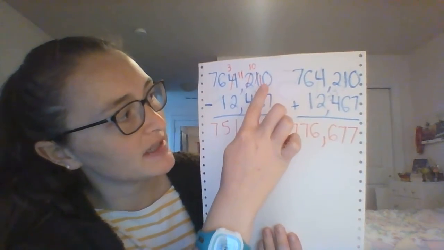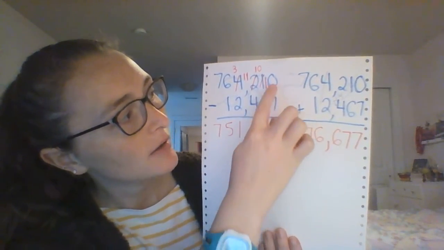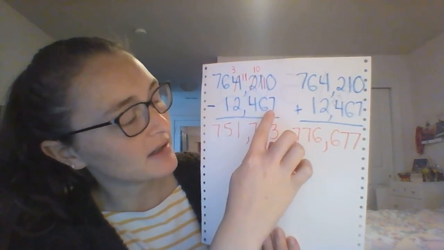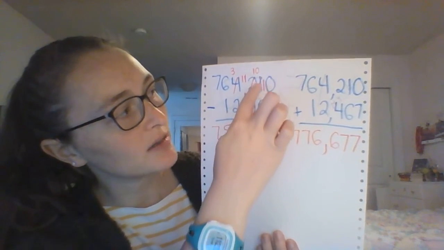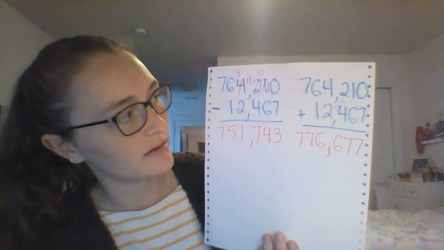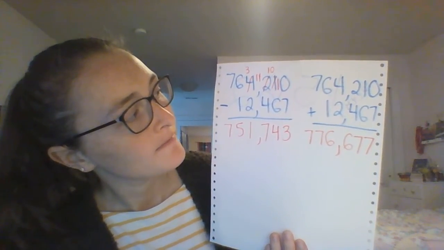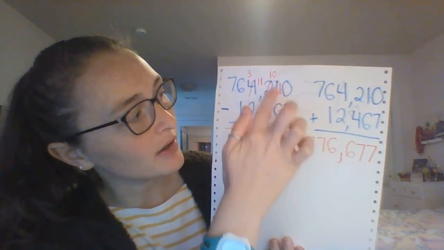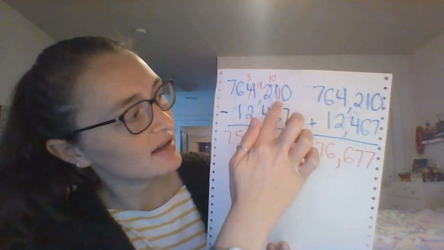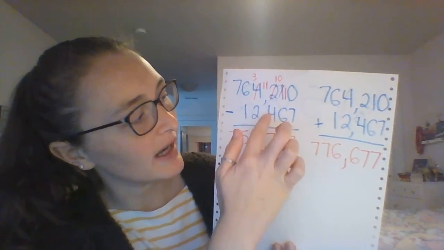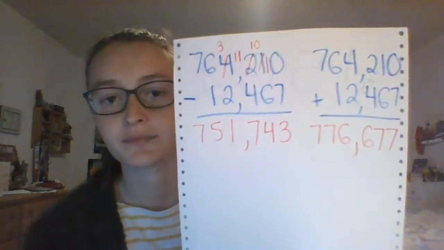So remember, if the top number is too small, for example 0, we can't subtract 7 from 0, so we had to borrow 1 from the one next door, and then the 0 became a 10. Then we had to borrow another 1 to subtract 6, and then we had to borrow again to subtract the 4.